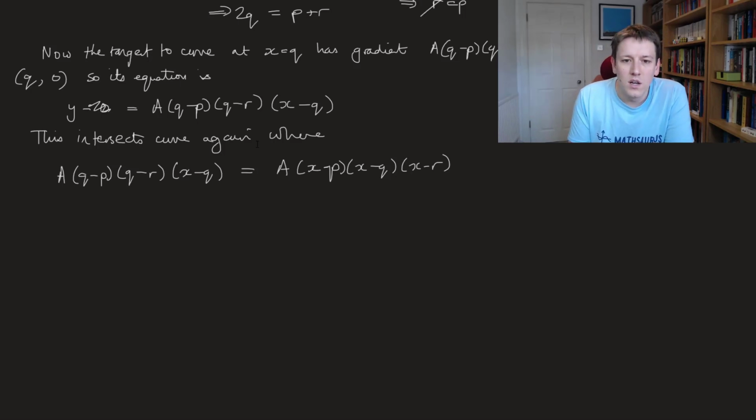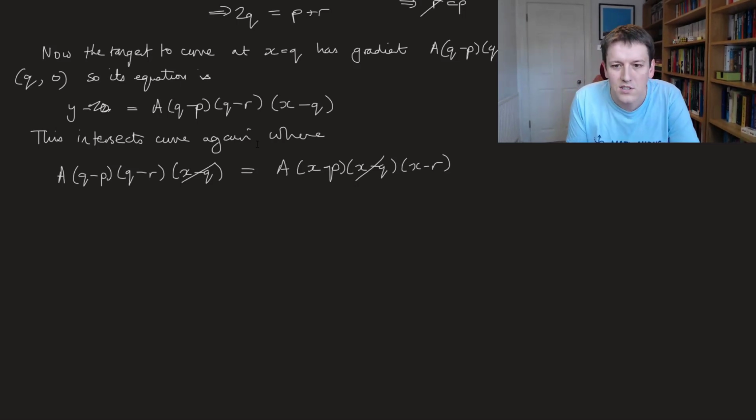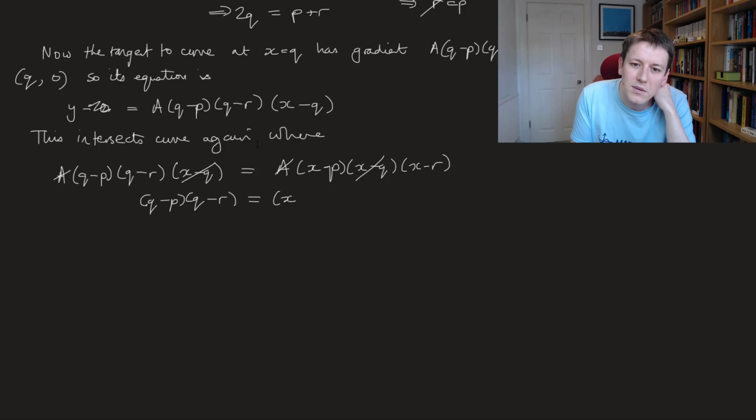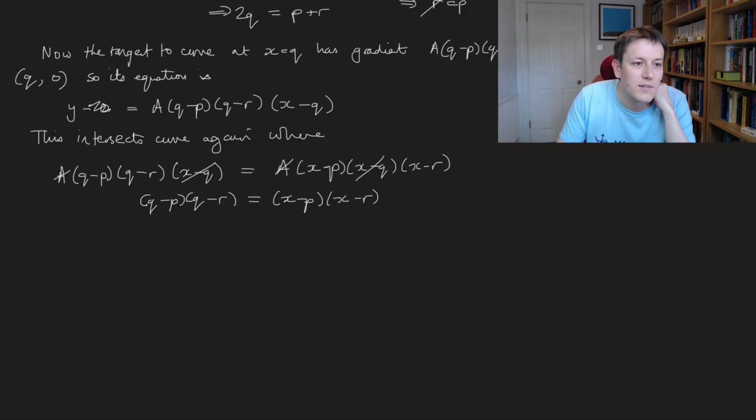So we notice we've got an x minus q both sides here, and I can cancel those because we're not looking for the solution where x equals q. So we're looking for other points. So let's just get rid of those. You could just factorize them if you preferred as well, I suppose. And I can also cancel the a's here, right? So I've just got q minus p times q minus r equals x minus p times x minus r.